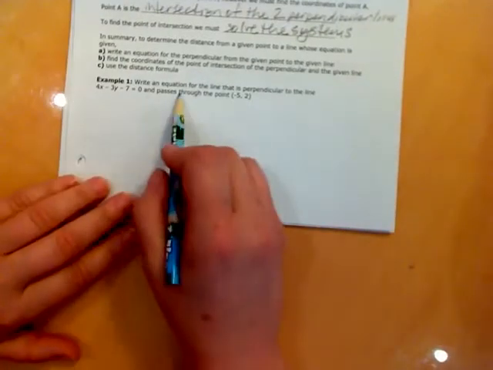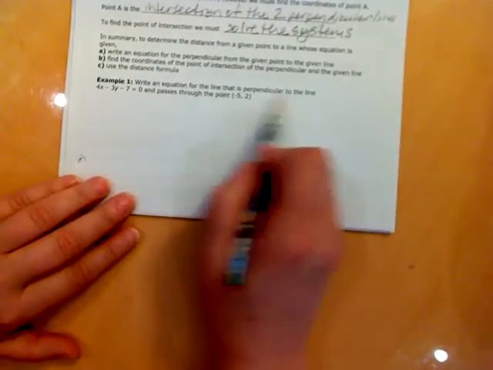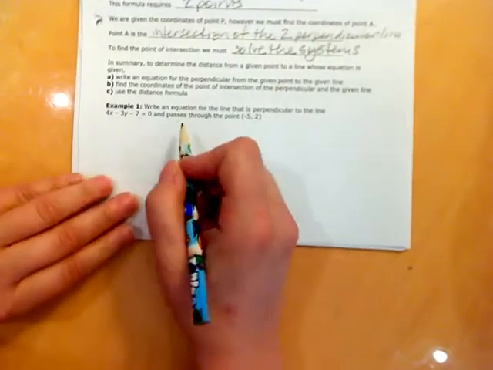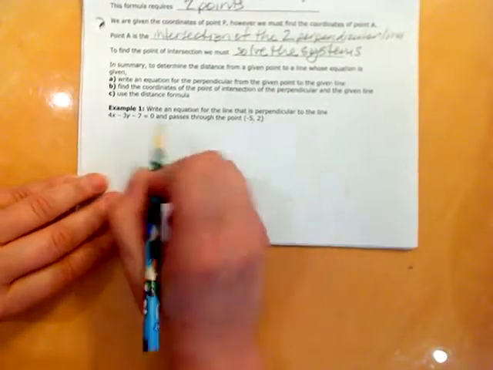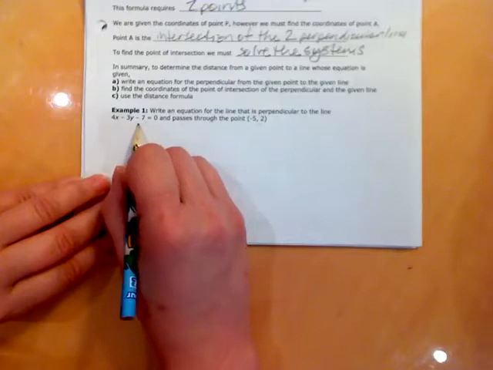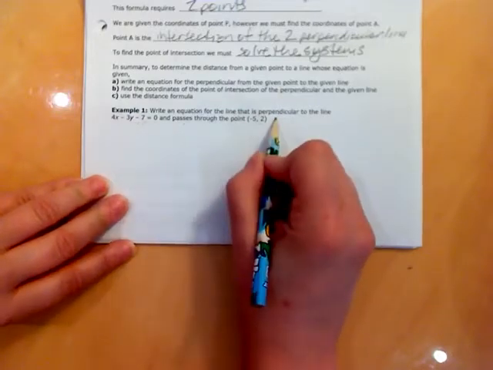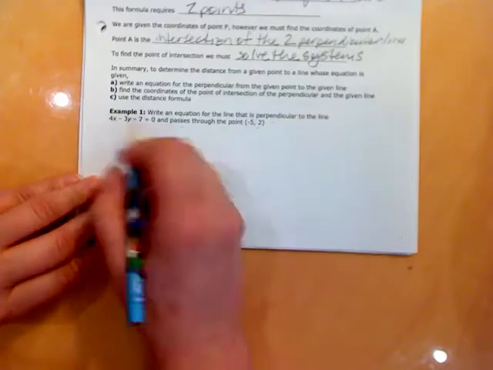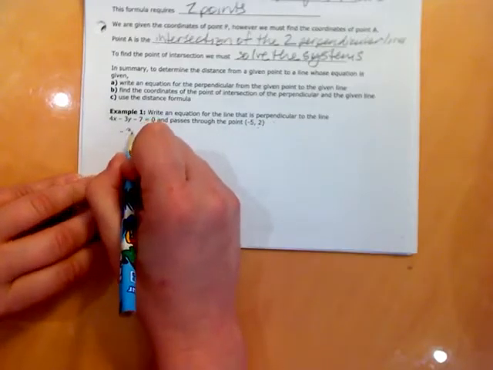So let's do some together. First, find an equation for a line that is perpendicular to this line and passes through this point. We know that we need a point, we have it. We need a slope, we can find it. So what's the slope of this line? Then let's do the negative reciprocal, and it'll tell us the slope of the line that we want. Well, first we have to put this in y equals mx plus b.